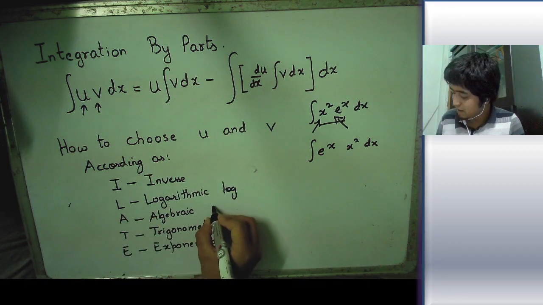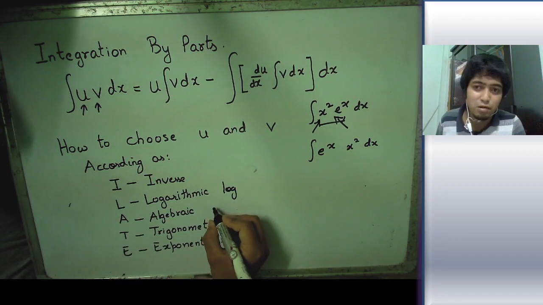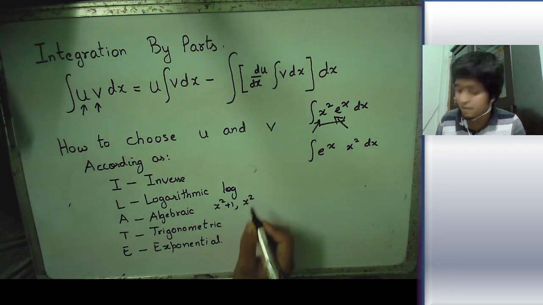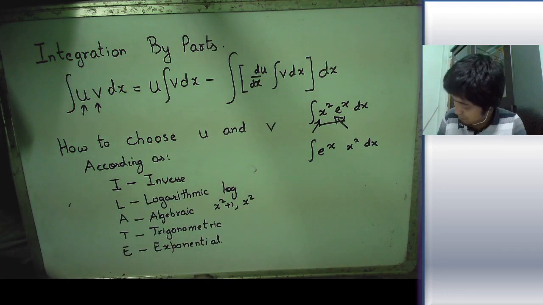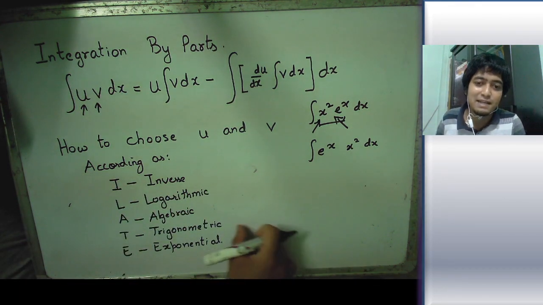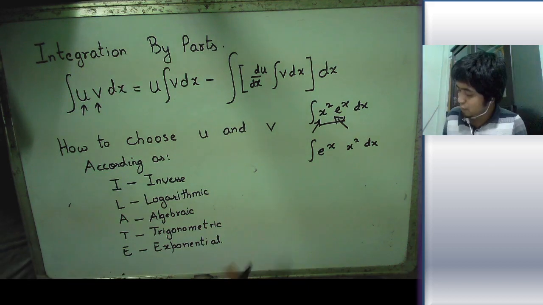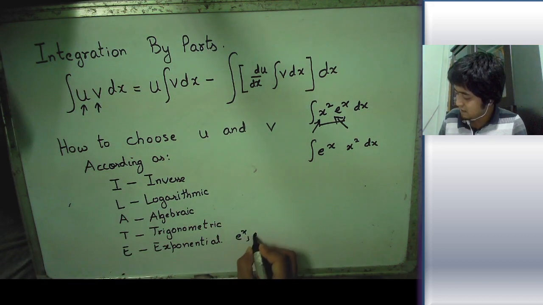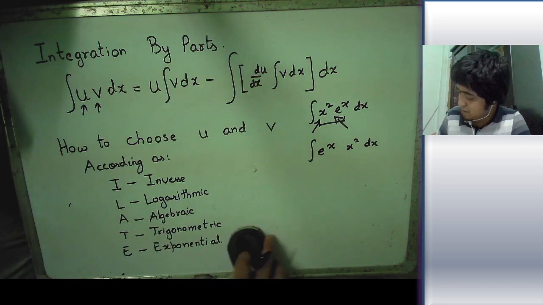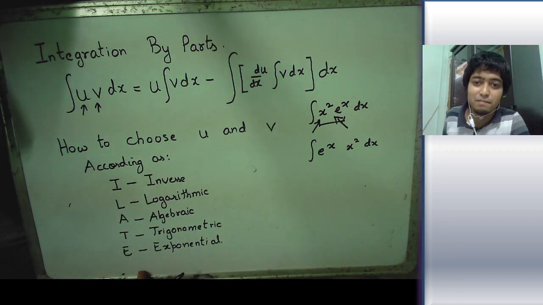Algebraic, these are all polynomials or constants, for example x squared plus 1, x squared, x cubed, and all those things. Trigonometric, if you have sine x, cos x, tan x. And exponential, if you have ex, e2x plus 1, and so on. So we have to choose them according to this order.